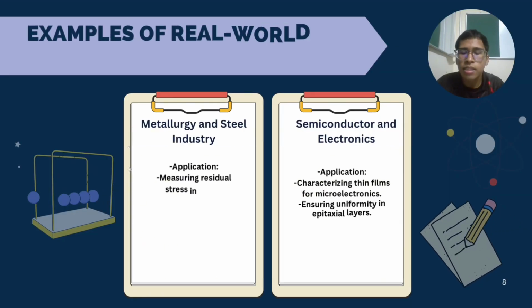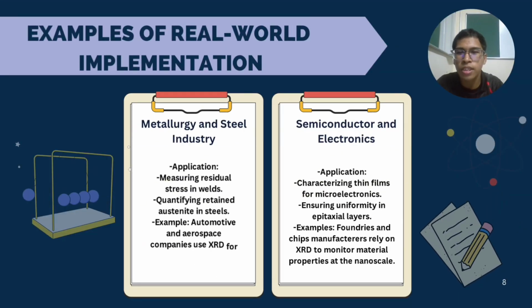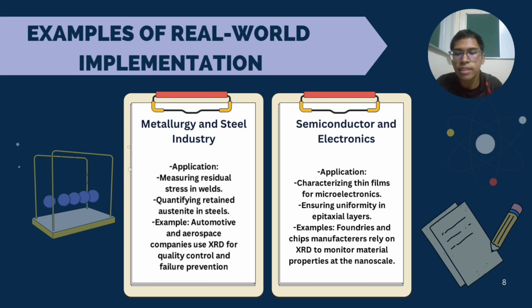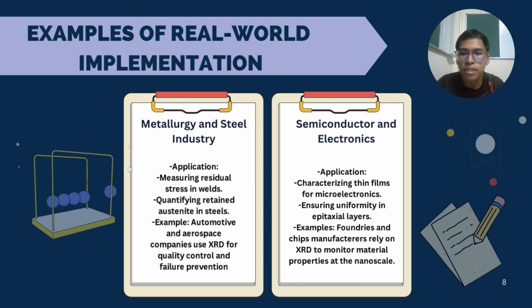Now, the third example of real-world implementation is metallurgy and the steel industry. Their application is for measuring residual stress in welds to prevent accidents from occurring, and also quantifying retained austenite in steels. For example, automotive and aerospace companies use XRD for quality control and failure prevention.